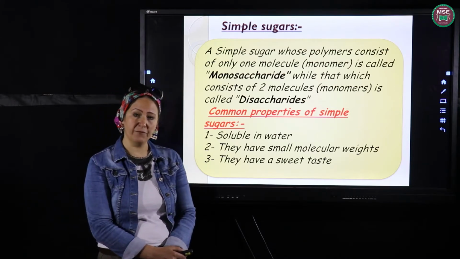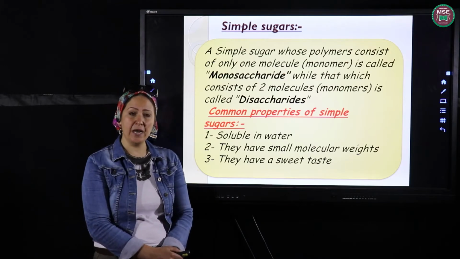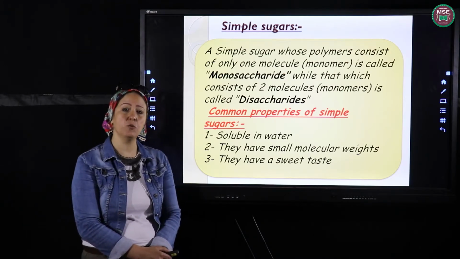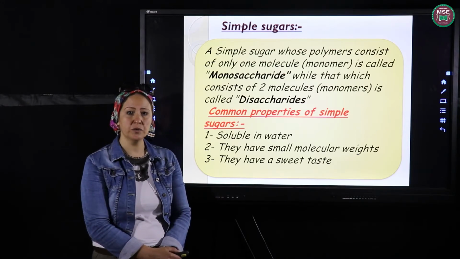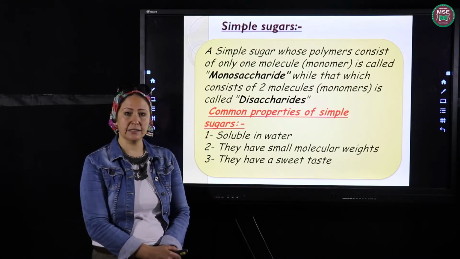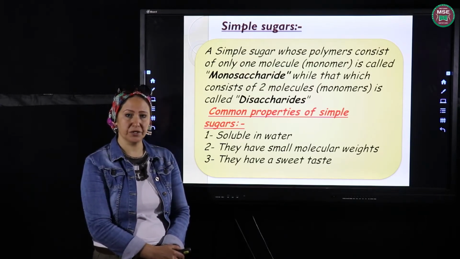Another point I have to explain in the simple sugar: the polymer that consists of only one monomer inside, we call this type of simple sugar monosaccharides, as the word mono means one, and saccharides in Latin means sugar.